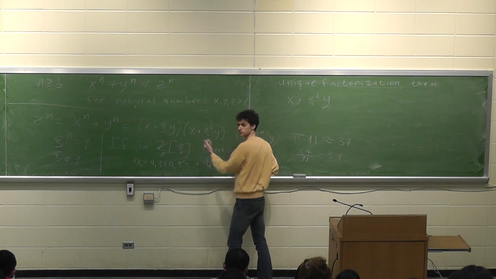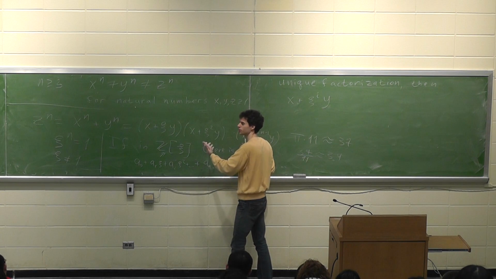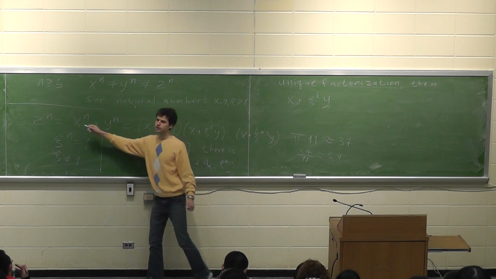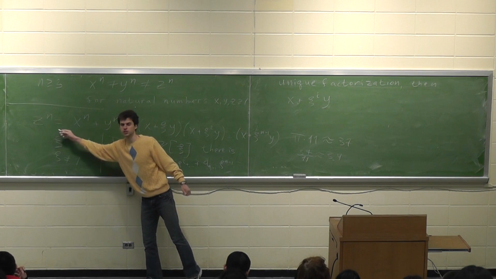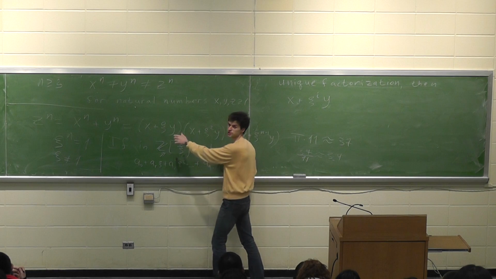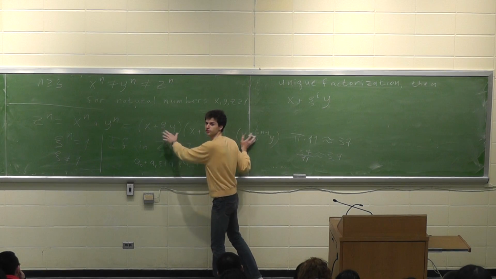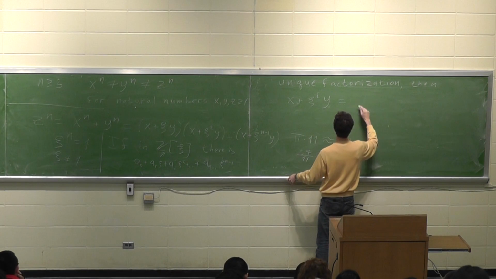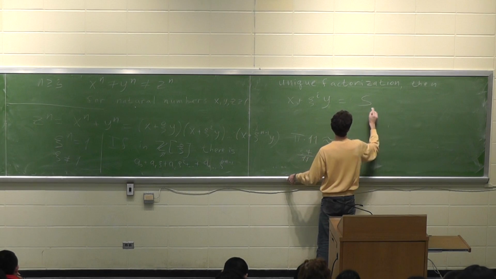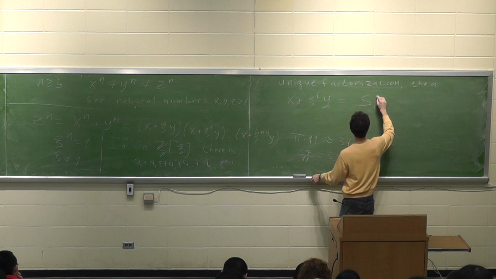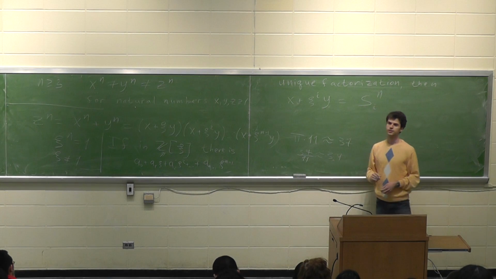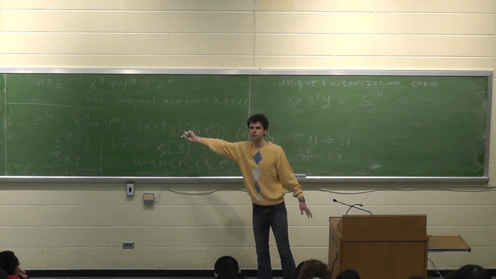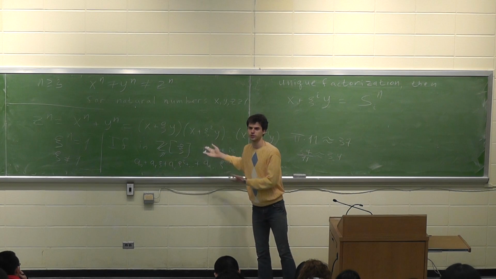It's not hard to show that they're all relatively prime to each other. Then every prime from the factorization should appear to a power divisible by n, so each factor is some number to the power n.